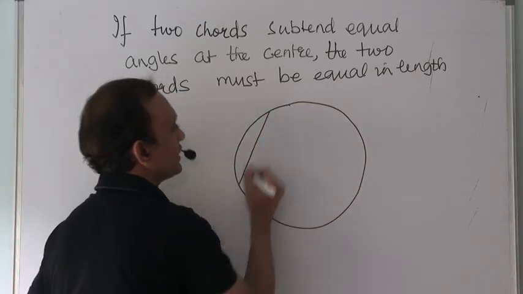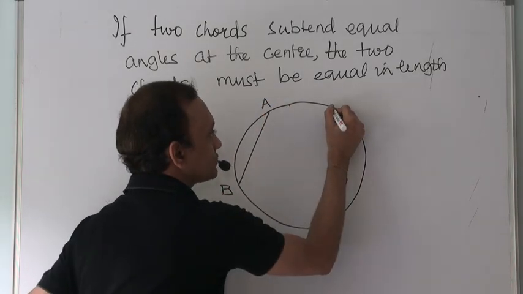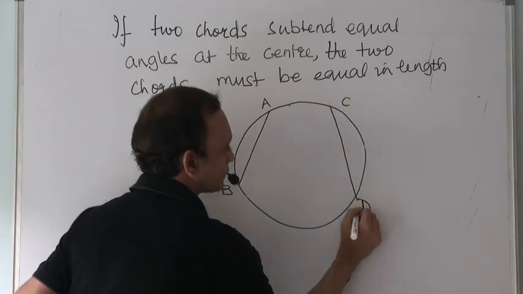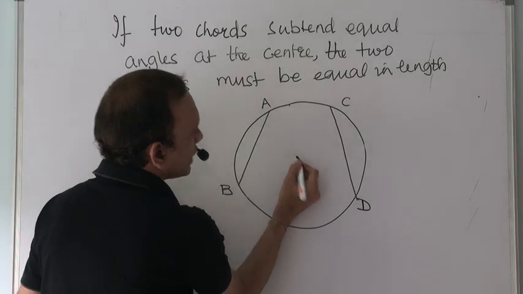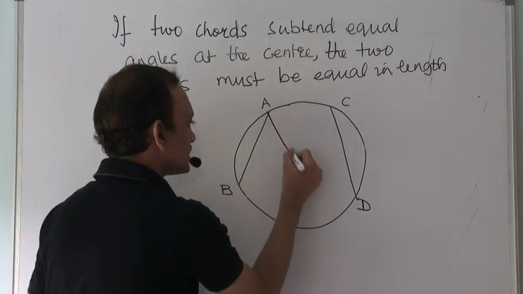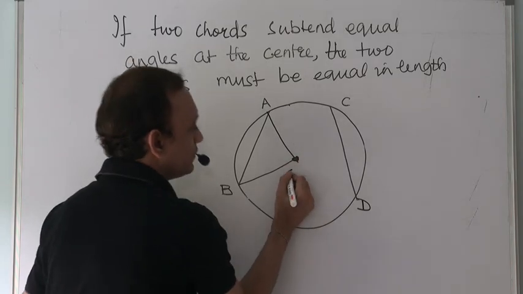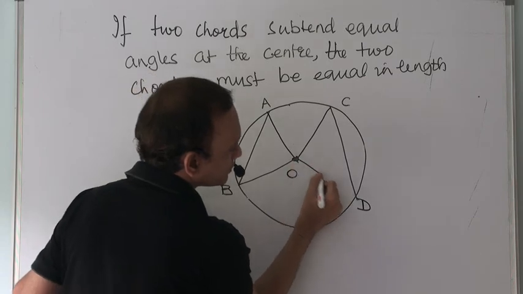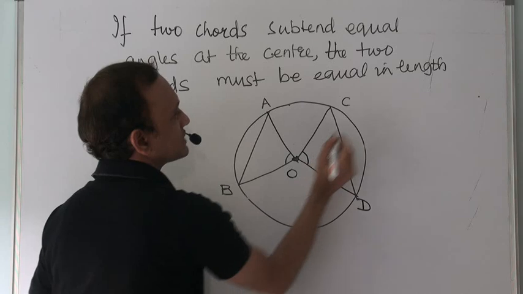So we have a chord AB and we have a chord CD. And what's known is that the two chords are subtending equal angles at the center. AB subtends an angle AOB, CD subtends an angle COD. They are known to subtend equal angles at the center.